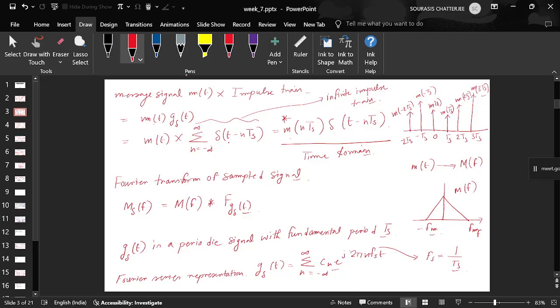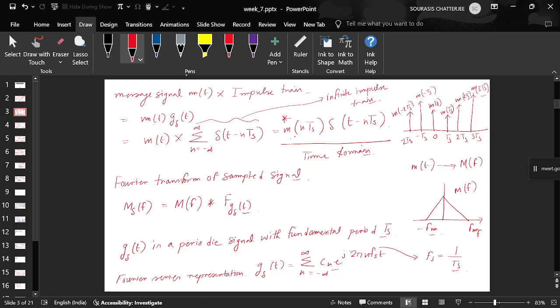So this is a time domain signal, and this is a time domain signal, and you know that when you multiply any signal with an impulse shifted to a particular time instant, you pick the value of that signal at that time instant. That is what is going to happen, because everywhere apart from these integer multiples of the sampling period, the delta function takes zero value.